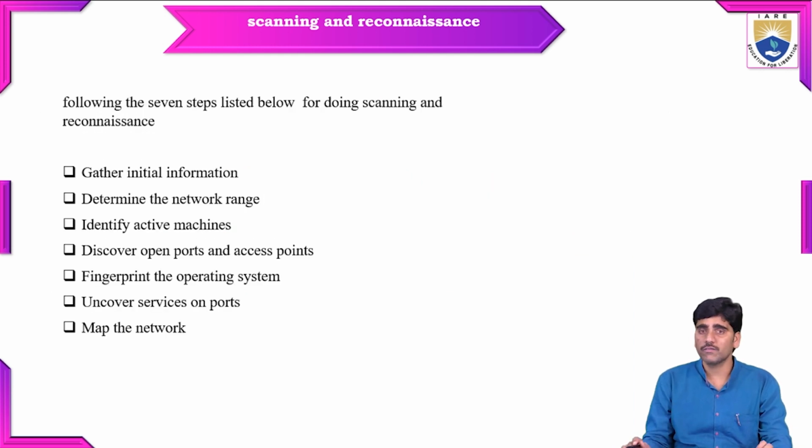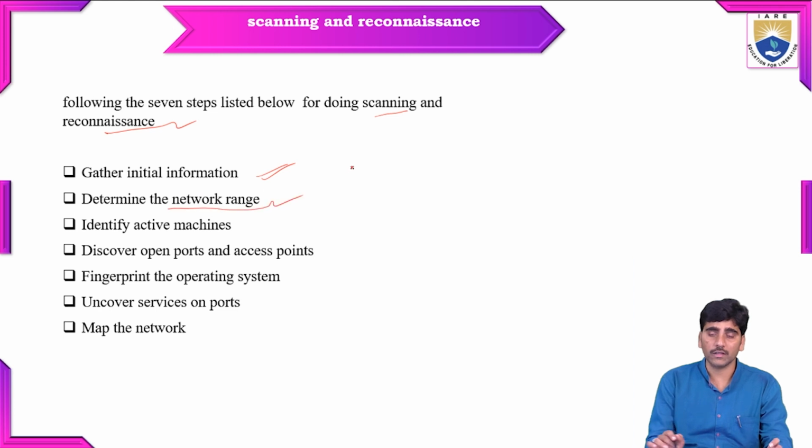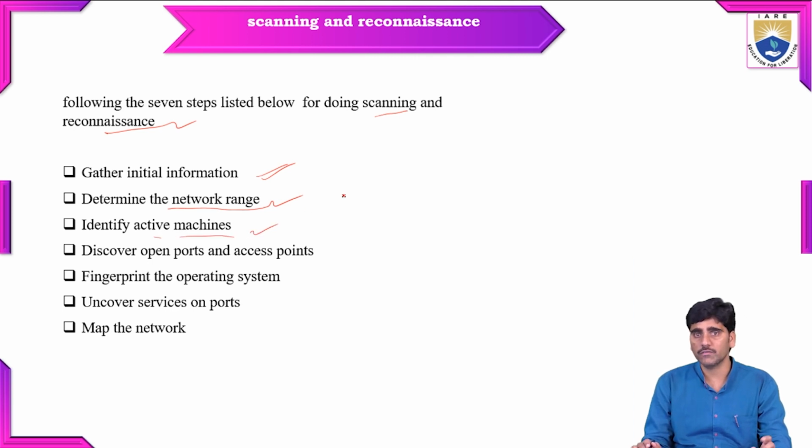Following are the seven steps for doing the scanning and reconnaissance process. First, gather initial information, the basic information you need. Second, determine the network range. Third, identify active machines. Fourth, discover open ports and access points.